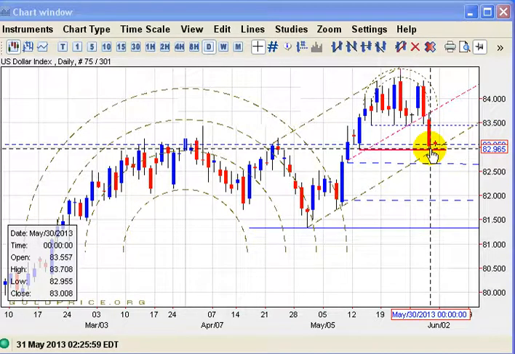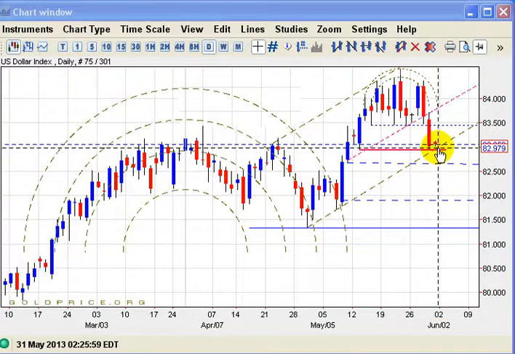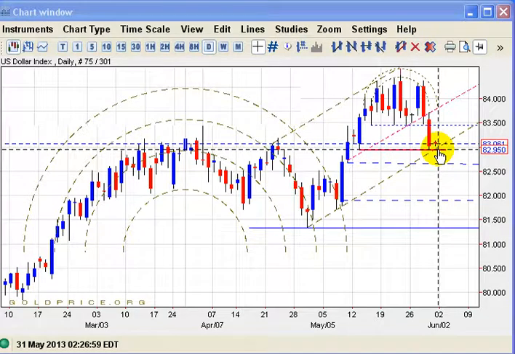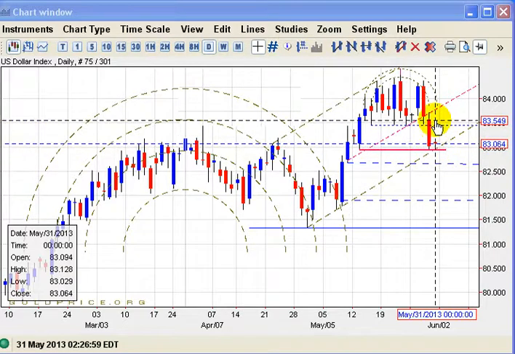Currently, with this corrective phase back to the 50% Fibonacci level, 82.95 has been touched, and the driving force for the dollar to continue higher within that same channel may still be strong, depending on the volumes and the momentum gathered throughout the next consecutive weeks to follow.